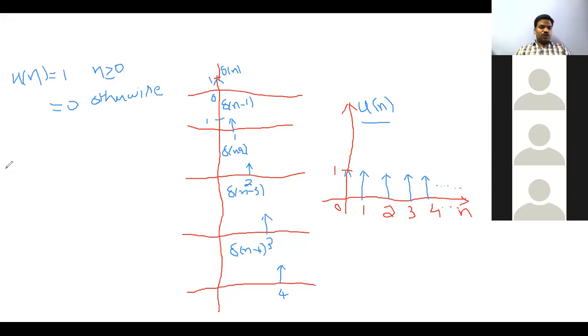That means u of n can be obtained from the unit impulse signal as sigma n is equal to 0 to infinity, now see here.